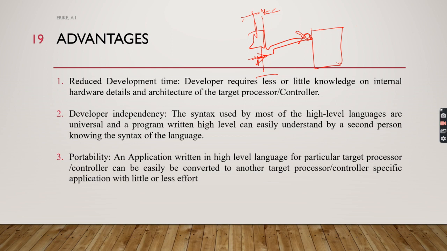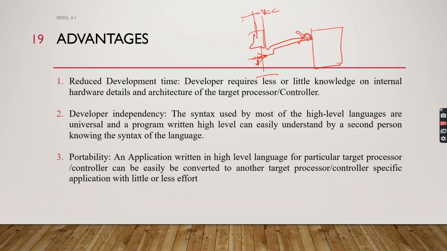The syntax used by most high-level languages is universal, and a program written in a high-level language can easily be understood by a second person. Then another thing is portability.